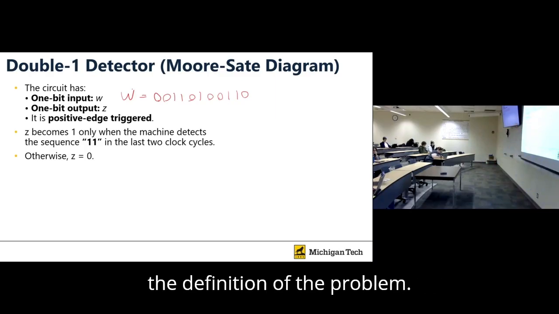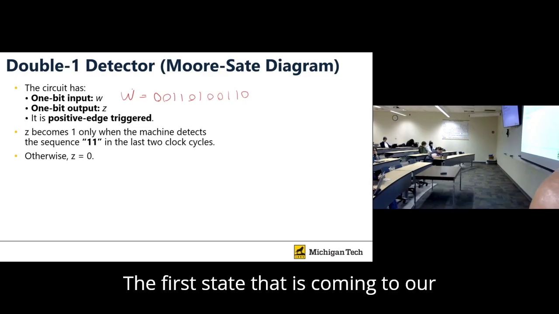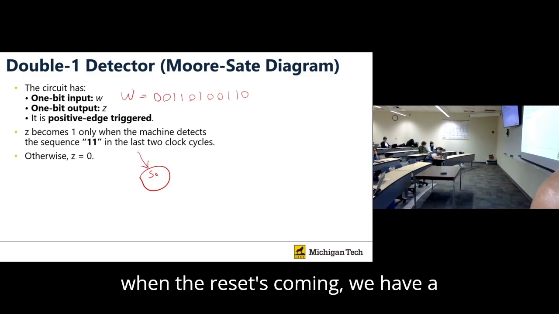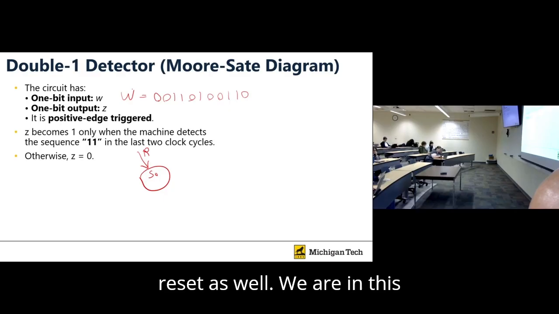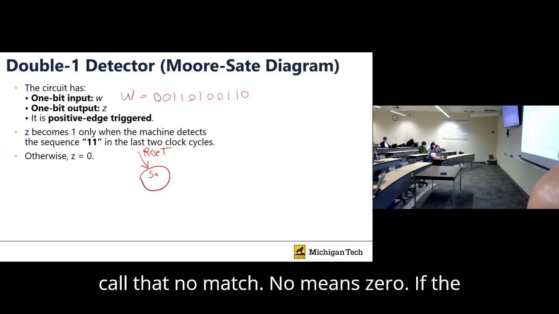This is the definition of the problem. So we are detecting 1, 1 in a sequence. The first state that comes to our mind is the state S0. In this state, when the reset comes, we are in this state, and we call that no match.